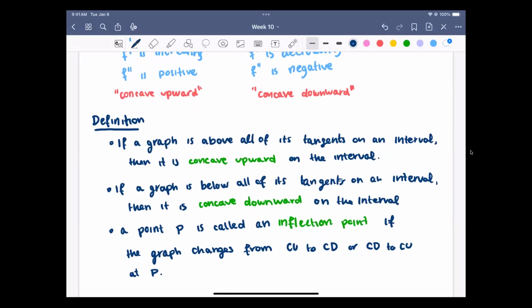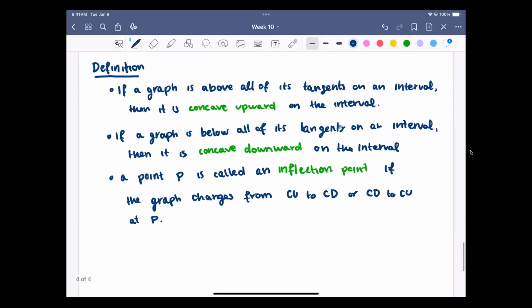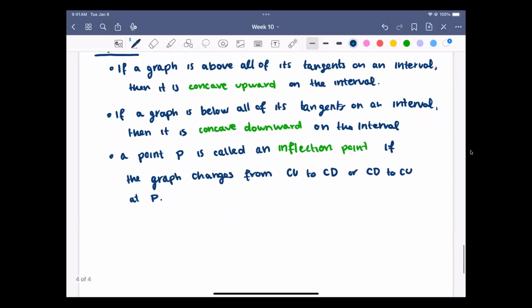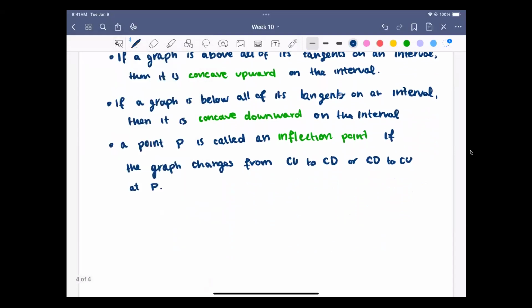Okay, are there questions about the definition before we do examples? Okay, so I'm just gonna draw a crazy graph and then we'll just label where it's concave up, concave down, and what the inflection points are. So here's the graph of a function. Oops, I'm gonna do a different color.